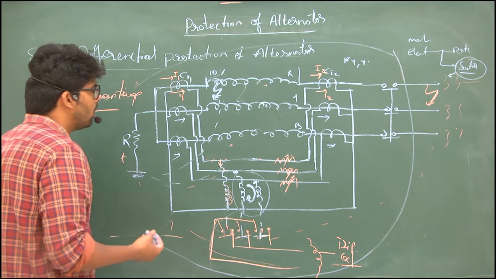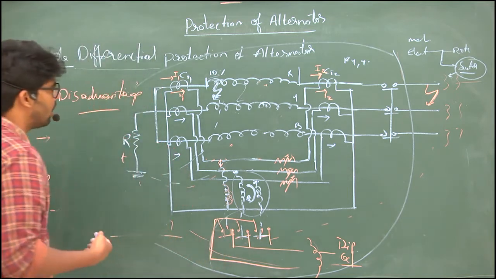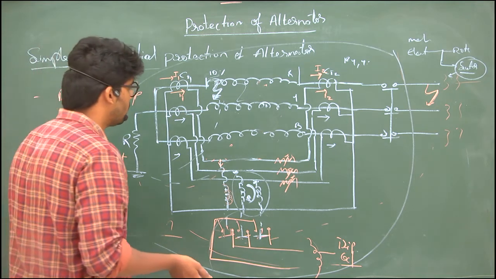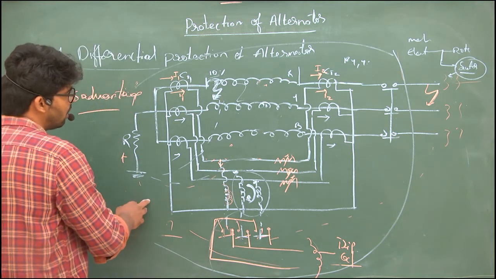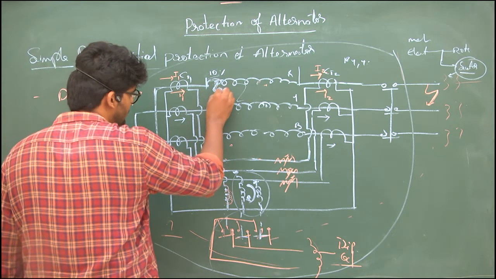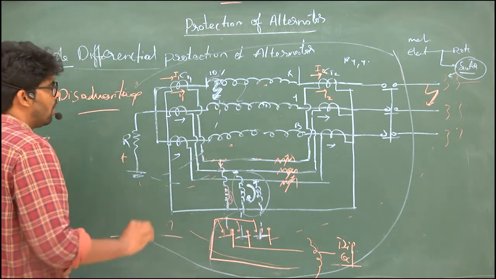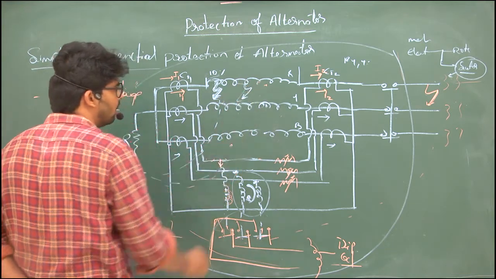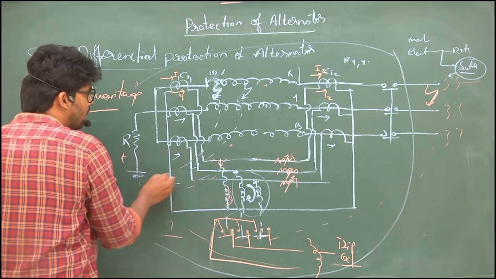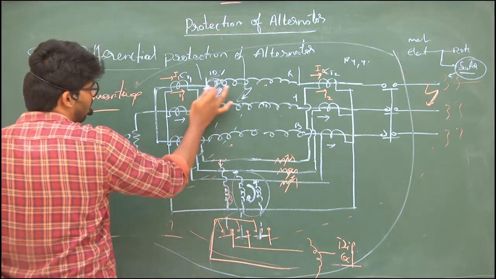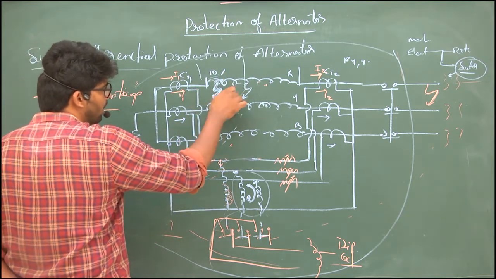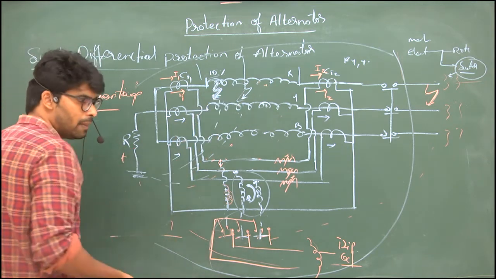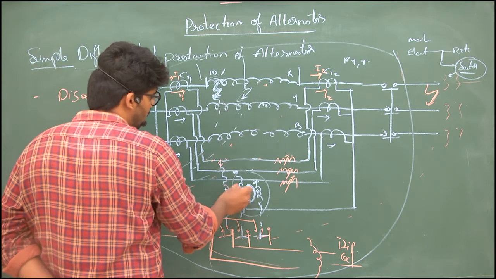So in this manner, we will go to the modified differential protection of alternator. The main disadvantage is that it will not operate in this condition. For example, if the fault occurs at the middle, there is a considerable voltage across this coil, there will be a sense of a change of voltage, the current will be there, and this coil may operate.